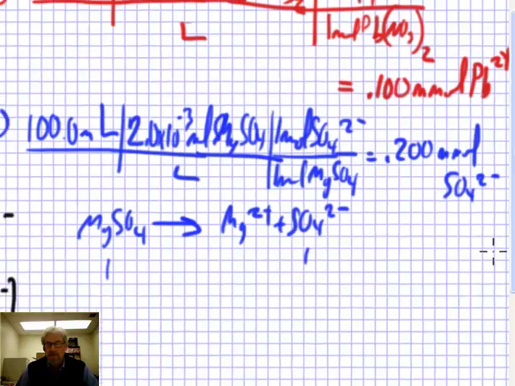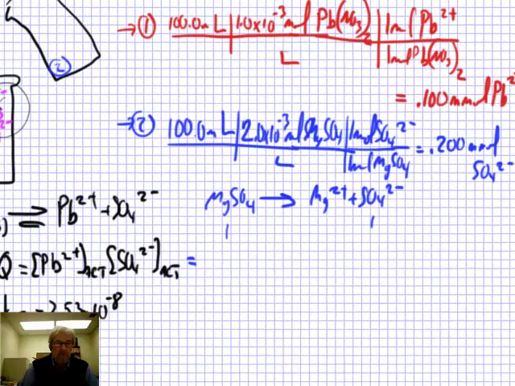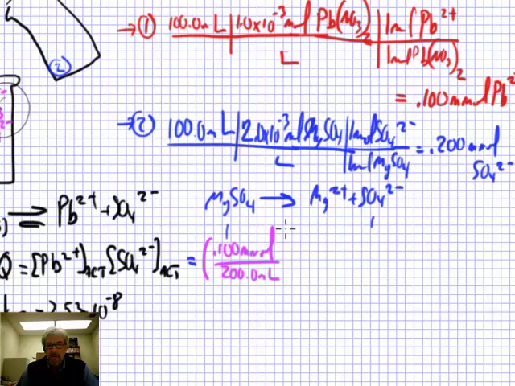So what is Q? Well, our concentration of lead 2 in beaker number 3 is going to be the 0.100 millimoles that were poured in there from beaker number 1 divided by the total volume of 200 milliliters. The concentration of sulfate is going to be the 0.200 millimoles of sulfate that were poured in from beaker number 2 divided by the total volume in beaker 3, which is 200 milliliters.